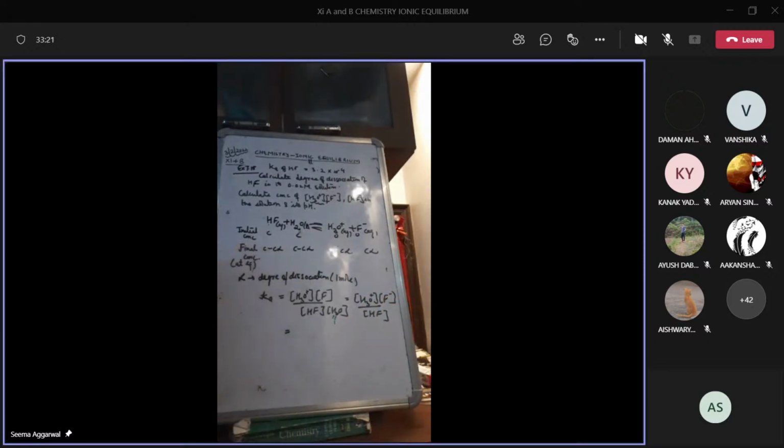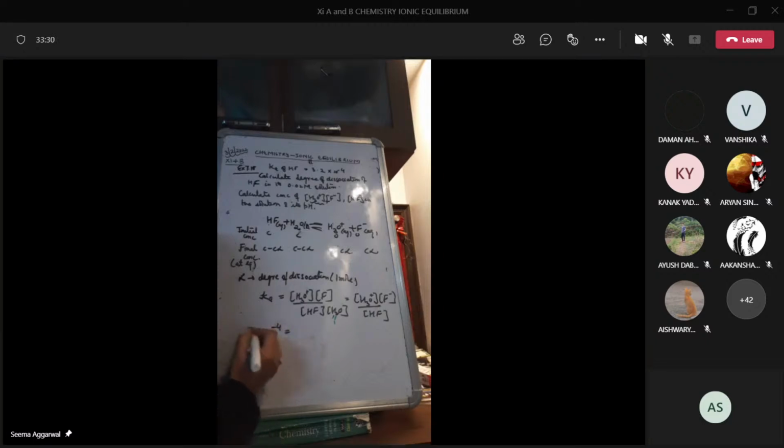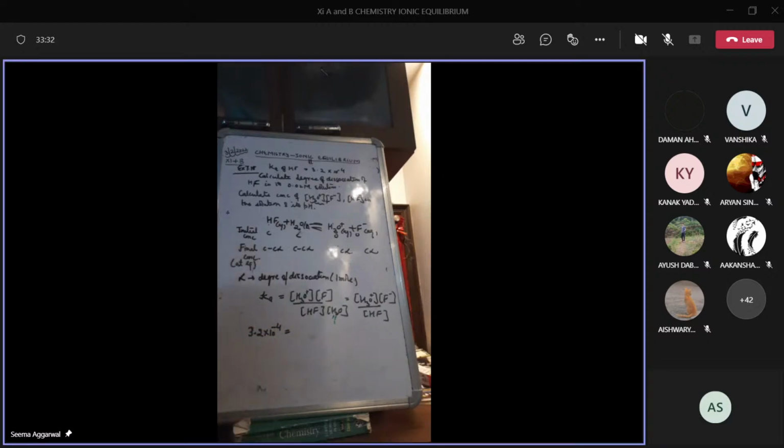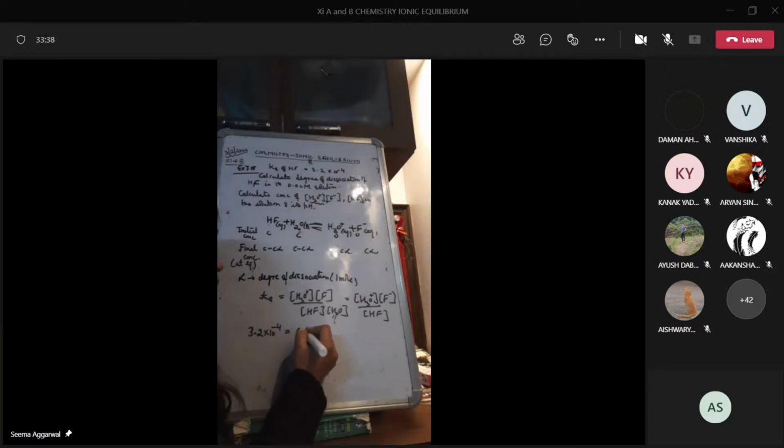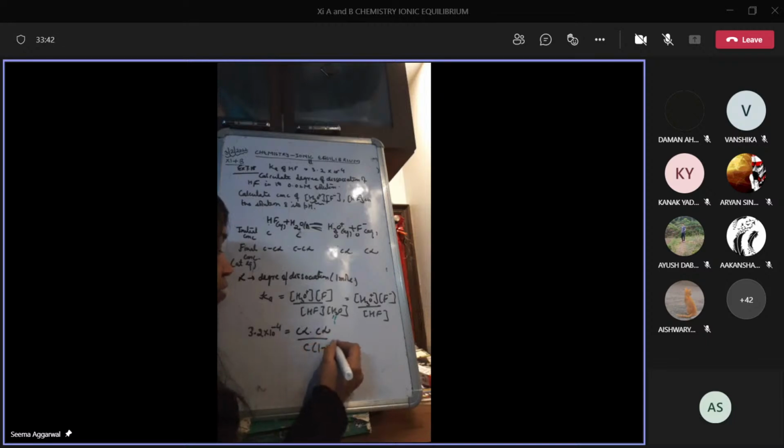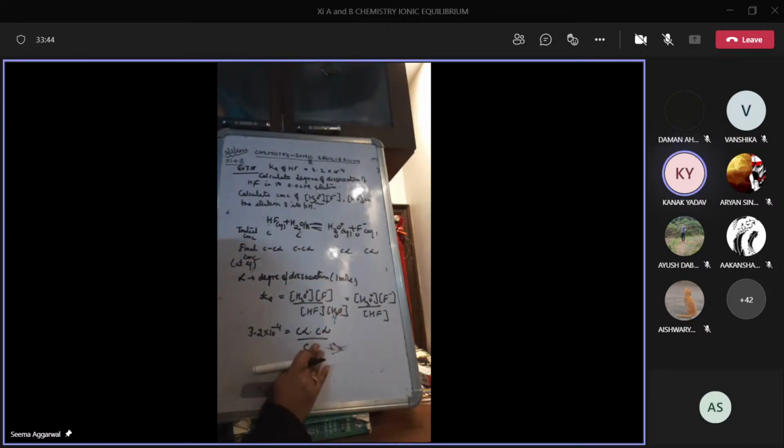Now we are given the value of Ka. Ka is 3.2 into 10 raised to power minus 4, which is equal to C alpha, C alpha upon C minus C alpha.